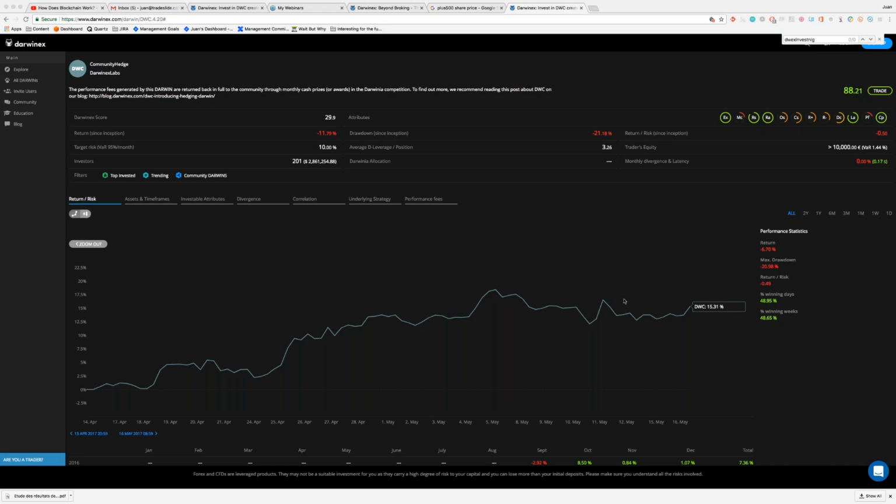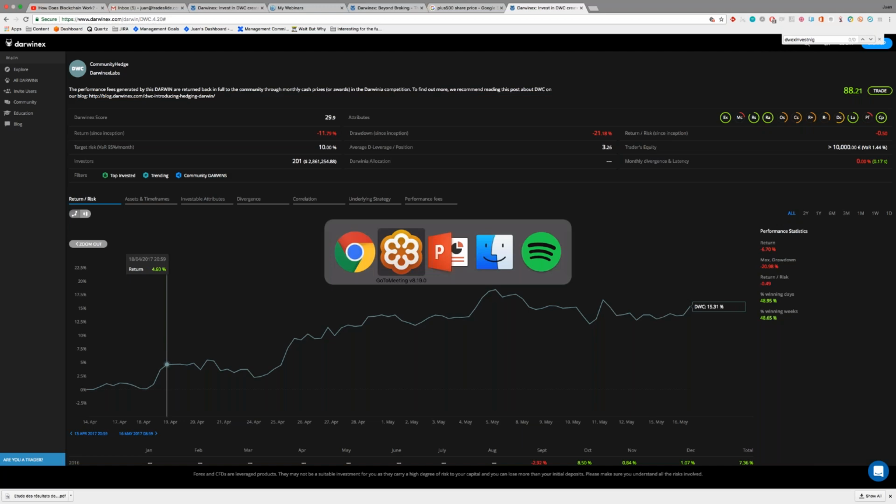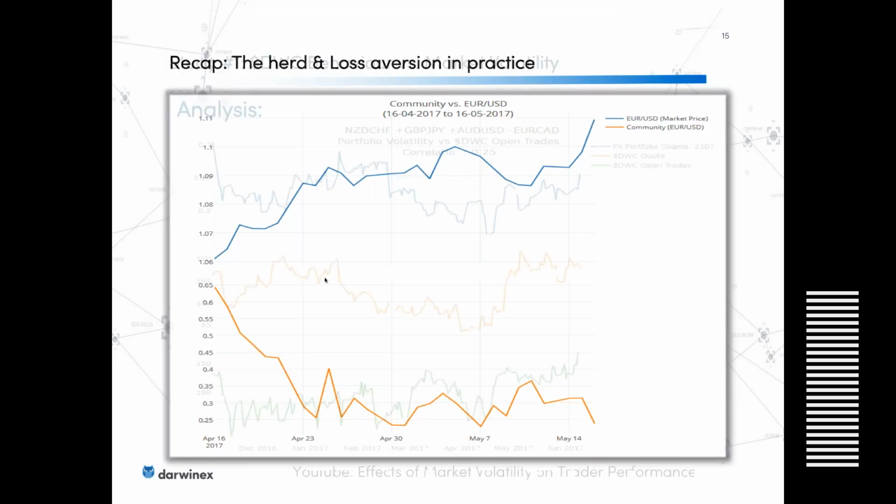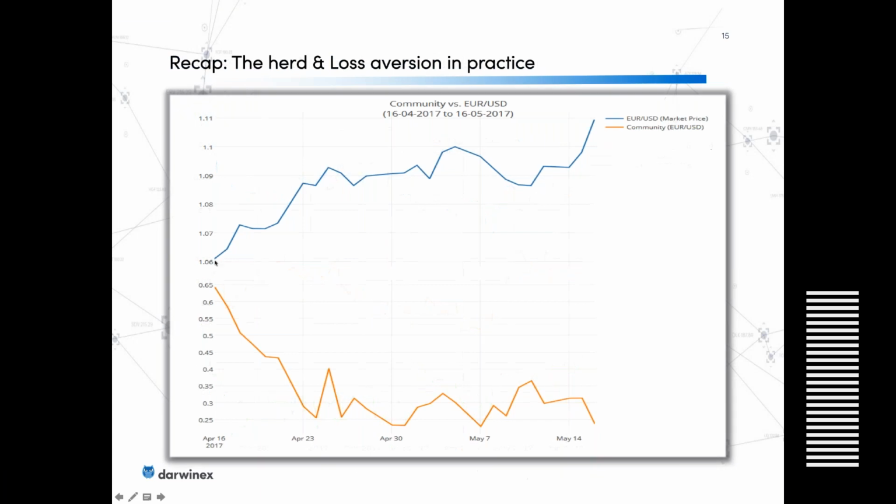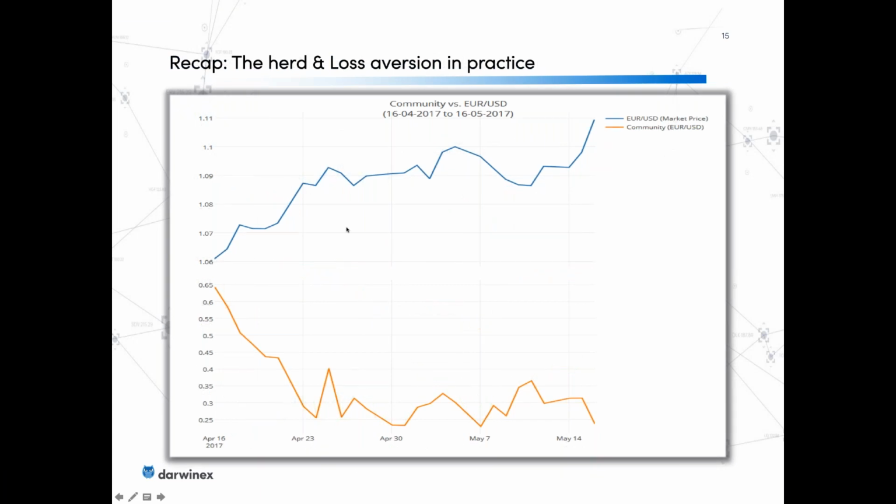So what happened here is that this is the evolution of DWC in that month. And this is what triggered it, so you understand how it works. So you had a big movement in the euro dollar, which exited. It had been trading in a range for a while, and then it basically broke that and went from 106 to 111. And you saw that the community was asymmetrically one way. So 0.5 would be 50% of the community is one way and 50% of the community is the other way.